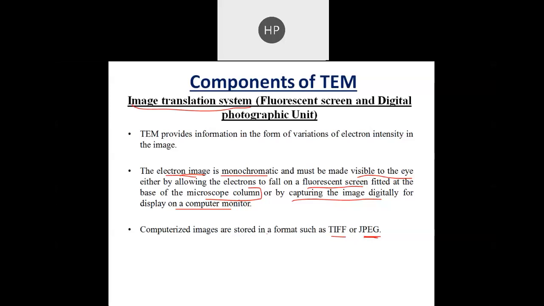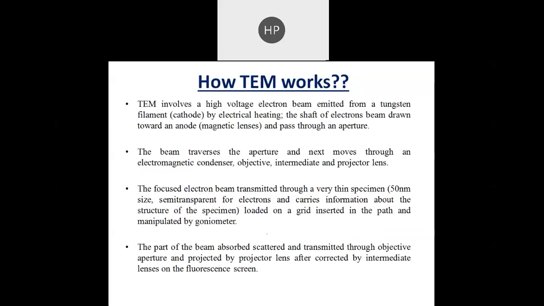Now we will see how the transmission electron microscope works. The TEM involves a high voltage electron beam emitted from the filament by electrical heating. Okay, so generally the electrons are generated by electrical heating.